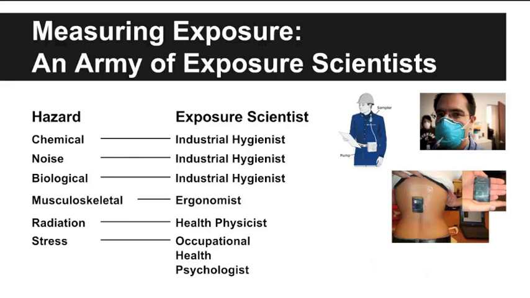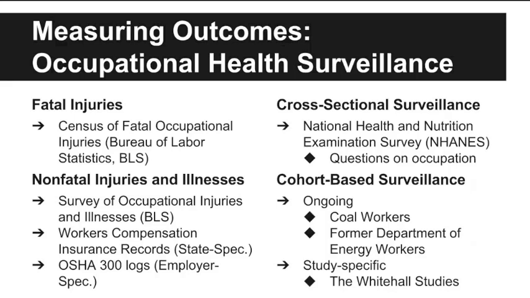Next to that image is an industrial hygienist who's testing the effectiveness of a respirator. And below those two images is a photo of an inclinometer, which is a device that ergonomists use to measure the torso's position relative to the ground in order to assess the risk for back injury. So that's how occupational epidemiology studies measure exposure, by working with exposure scientists.